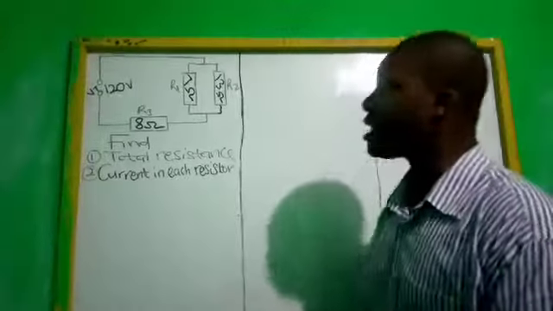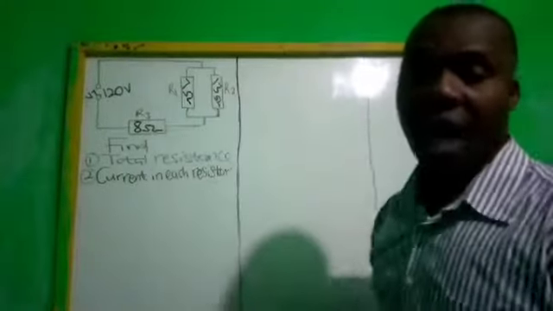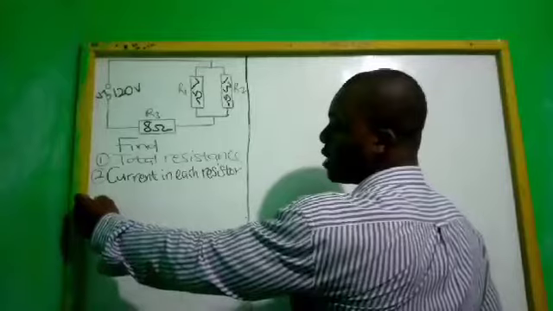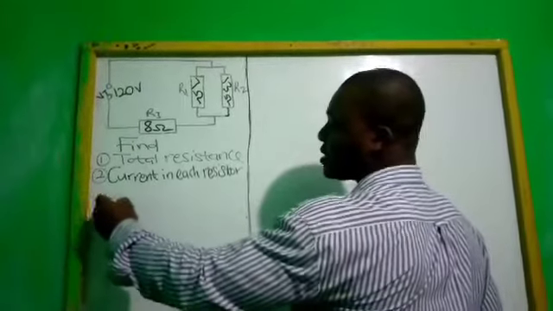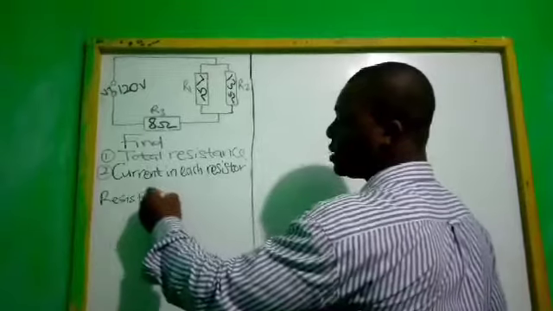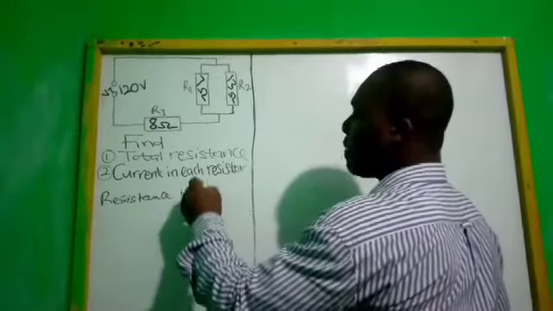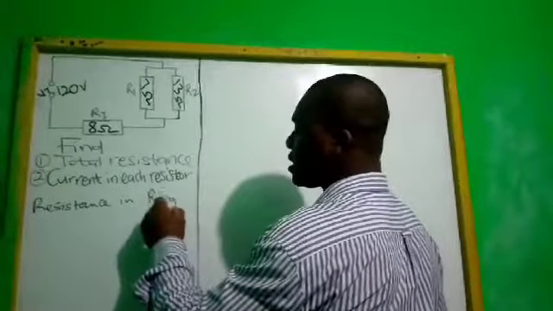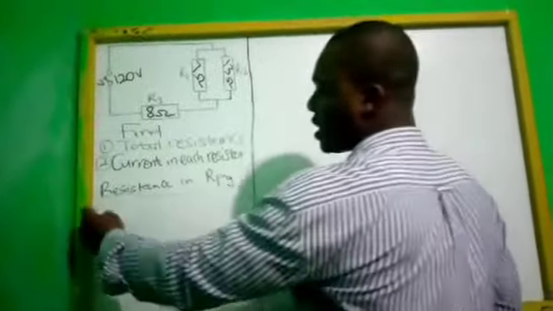Before we find the total resistance, we have to look at the resistance in the parallel group. So we can make it RPG, parallel group.